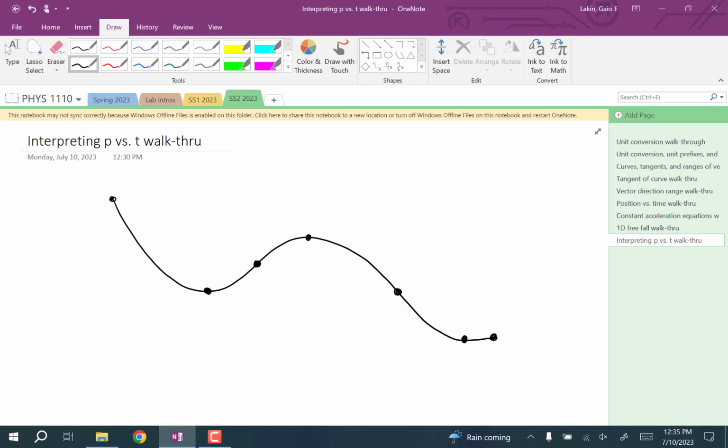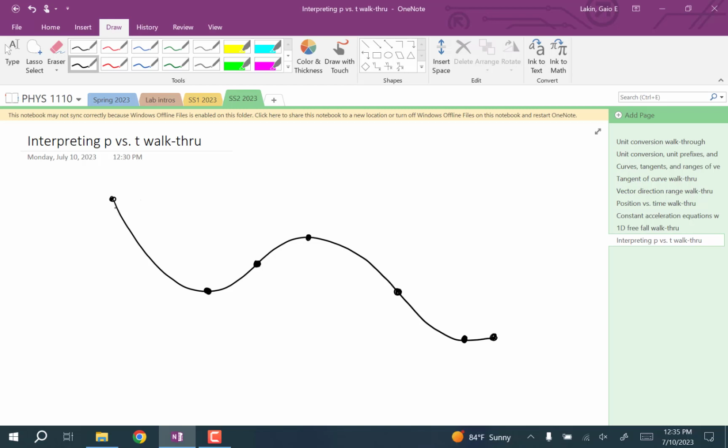And now you have a bunch of intervals. Between the first 2 dots is one interval. Between dot 2 and 3 is another one. 3 and 4 is another one. And on each of these, what that means is that the sign of the velocity and the sign of the acceleration are constant between dots. So let's identify what the signs of the velocity and acceleration are between these dots.